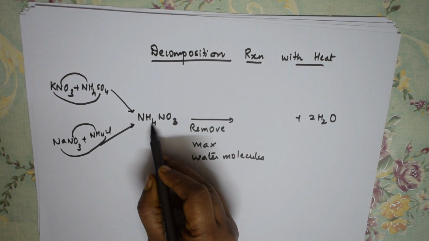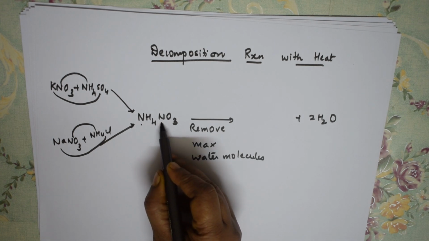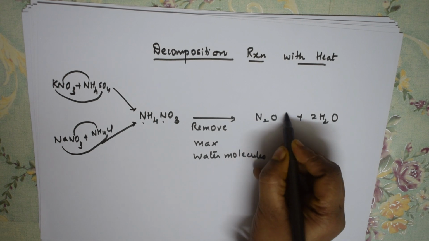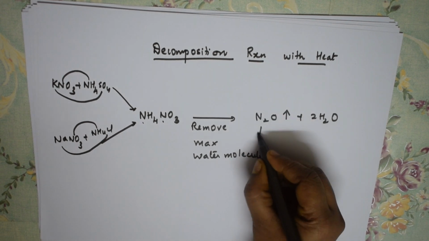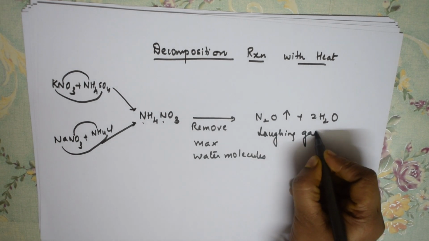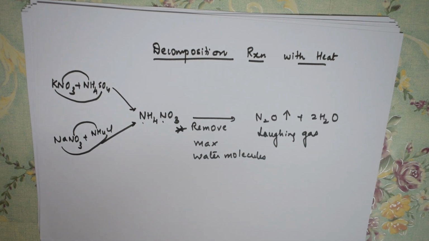So 4 hydrogens have come out. How many are left? This nitrogen is left, this nitrogen is left, and one oxygen is left. So that is nothing but N2O gas, which is your laughing gas. Laughing gas is released. So the trick here is to remove the maximum number of water molecules when you see ammonium nitrate. Nothing to get confused about.